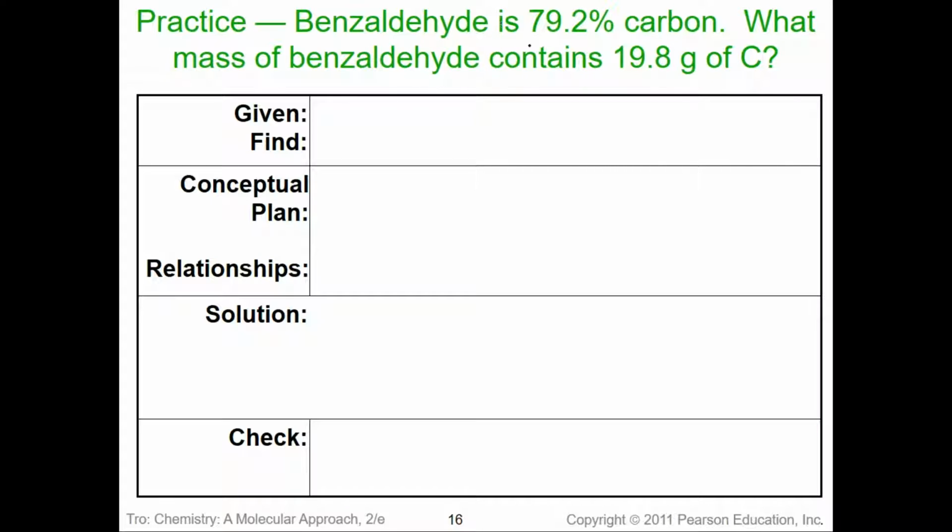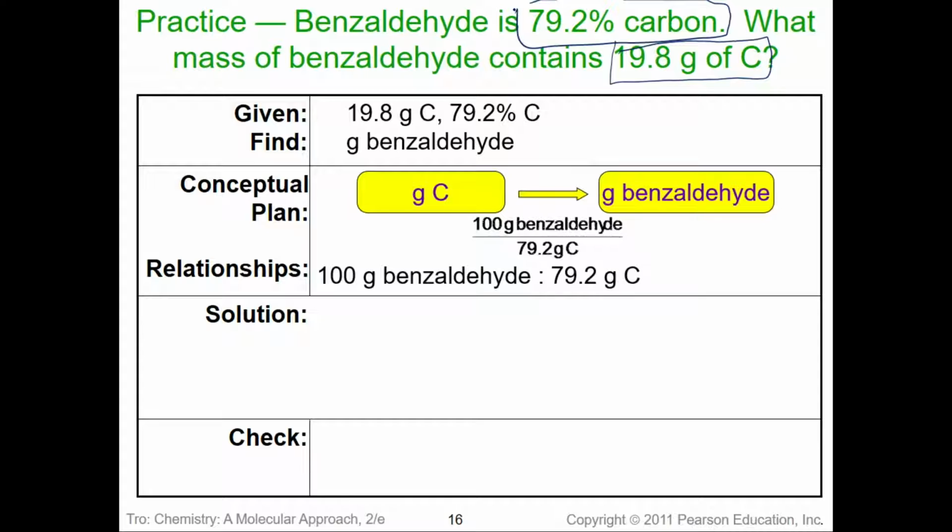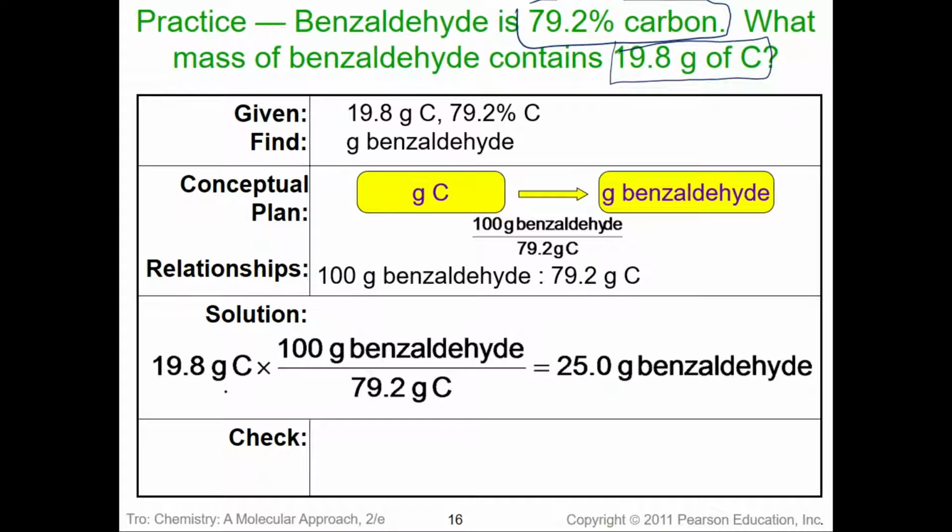Example, benzaldehyde is 79.2% carbon. What mass of benzaldehyde contains 19.8 gram carbon? So using the mass of carbon as the information you have, and then 79.2% carbon, you take 19.8 gram carbon times, why not translate it to 79.2 over 100?